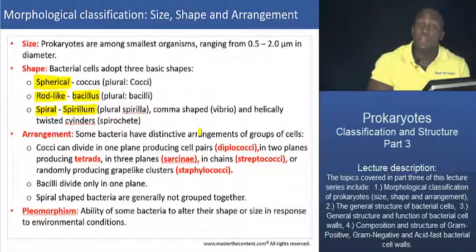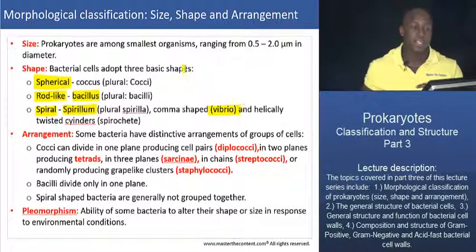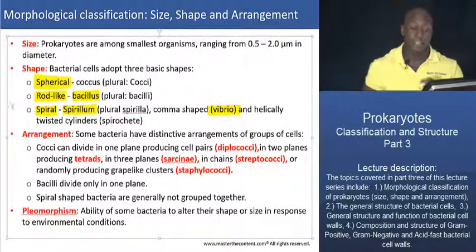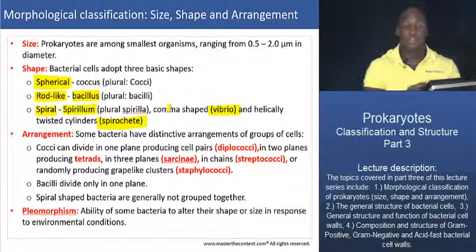Some are shaped like a comma, and we call those vibrio, and a few are helically twisted into cylinders. They actually twist around themselves such that they look like a cylinder, and we refer to those as spirochetes. Those are the 3 main basic shapes you can expect to see as far as bacterial diversity is concerned.